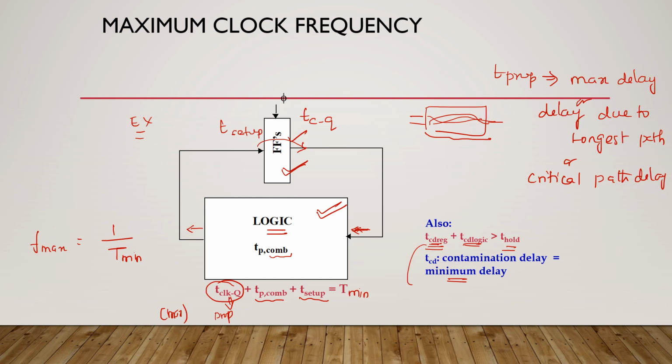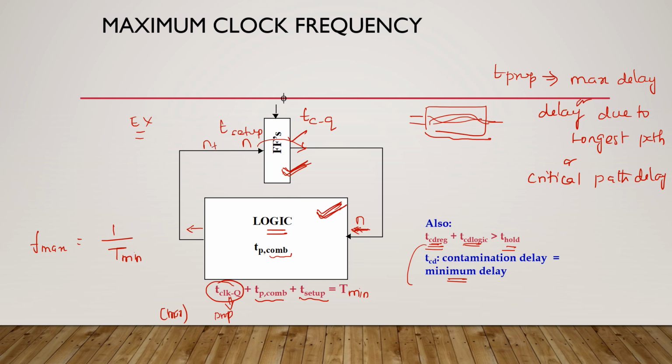Otherwise, what happens? The nth data has arrived here and it remains stable for the hold period. After the contamination delay of this flip-flop and the contamination delay of this logic, the next data, n plus 1, will arise here.